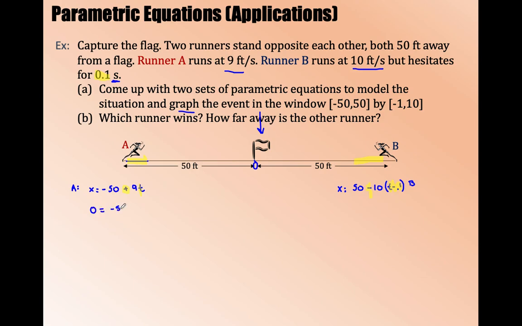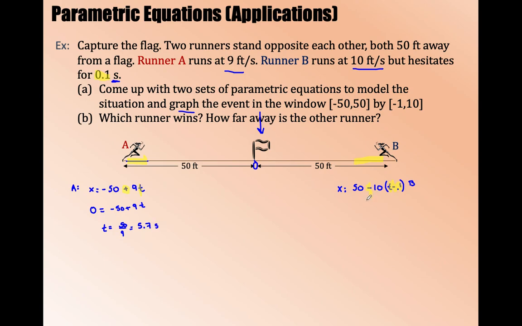Position 0. So the seconds would be what? 50 divided by 9, right? Which is approximately 5.5 seconds. A little bit more.